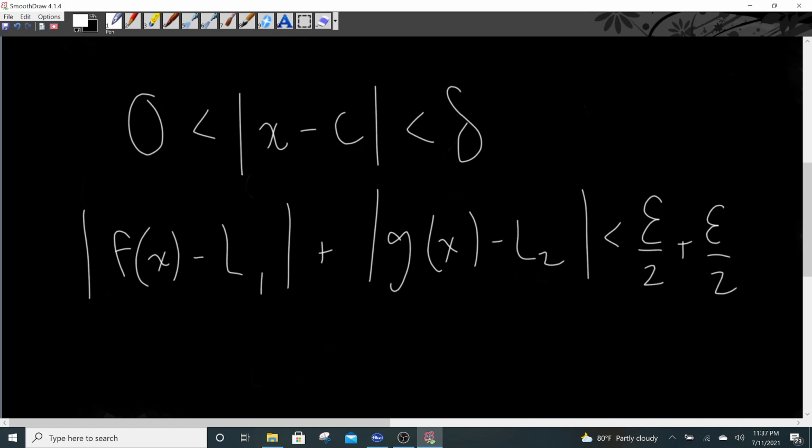That's relatively basic inequality addition. And since epsilon over 2 plus epsilon over 2 is epsilon over 2 times 2, this is epsilon. I know this might seem a little abstract because epsilon is not defined to be a number.